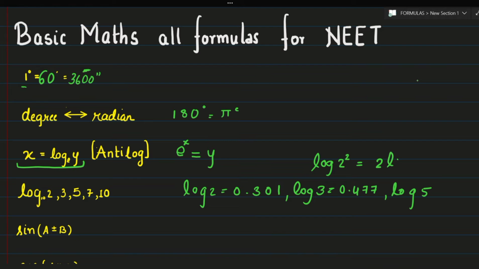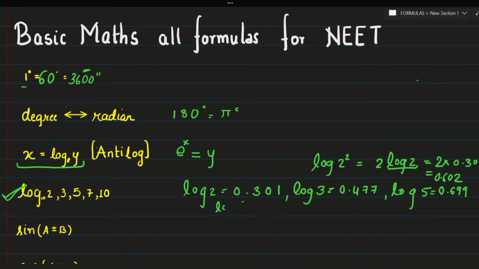So 2 log 2. Then we write 2 as it is, and the value of log 2 we know, 0.301. After we solve it, we find the value of log 4, 0.602. Similarly, the log 5 value we have to learn because it is not calculable. So we will learn these by heart, 0.699. Only these 5 need to be remembered, the rest can all be calculated.